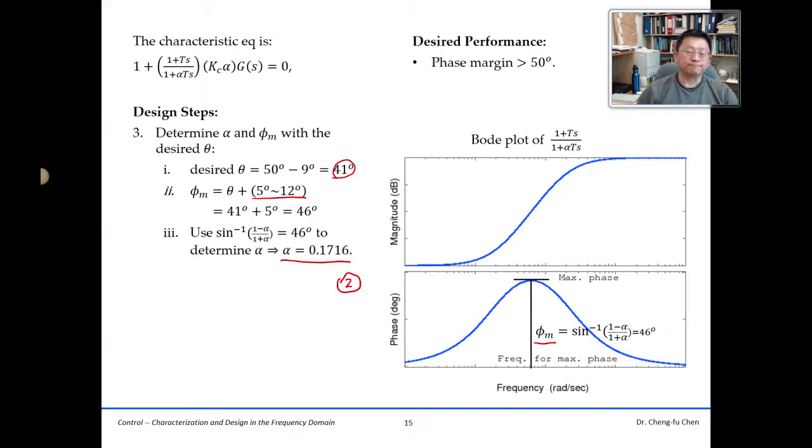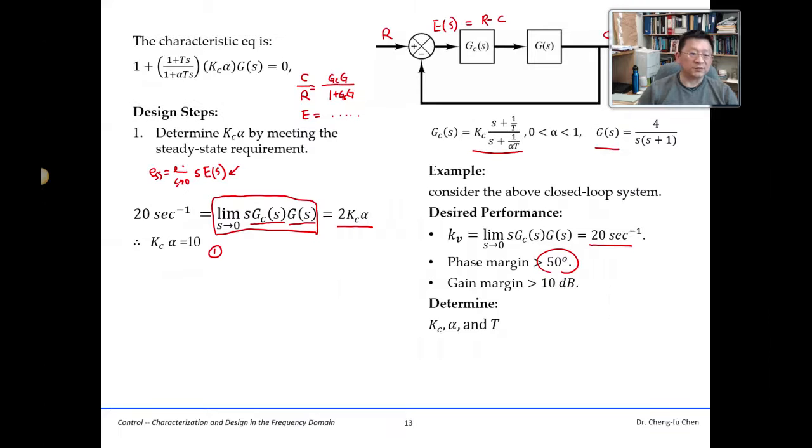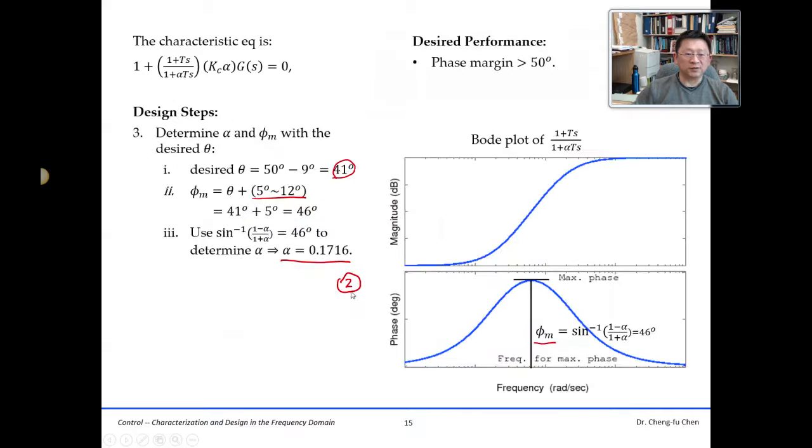Again, our first equation is this one. How many parameters? 1, 2, 3. So we need one more equation, a second equation. Here I would like to make a note: if you like, you can also choose, for example, 10 degrees.